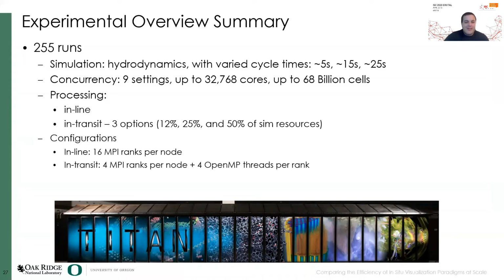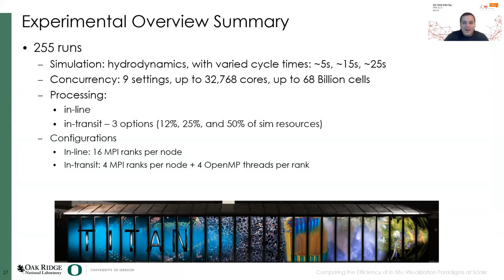First, we had an inline configuration where we had 16 MPI ranks per node. And second, we had an in-transit configuration where we had 4 MPI ranks per node plus 4 OpenMP threads per rank. And so I do want to point out here that our experimental setup did affect our VCEF values in 2 primary ways. First, we had higher VCEF values due to using fewer nodes, because we're using 12, 25%, or 50% of SIM resources.